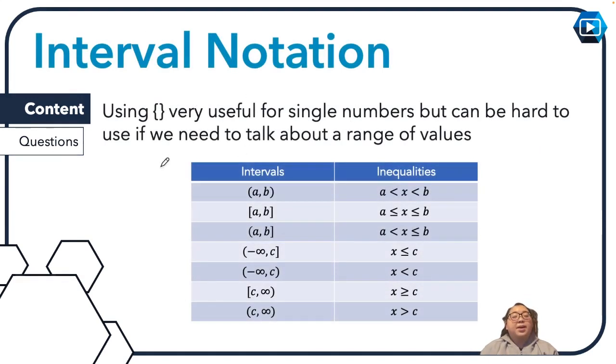Alrighty, so then we'll talk a little bit about interval notation. We talked about before how we can use those curly brackets to list individual numbers, but if we want to talk about a range of values, a continuous set of values, for example numbers from 2 to 4, it's going to be really difficult to list out all of the different values.